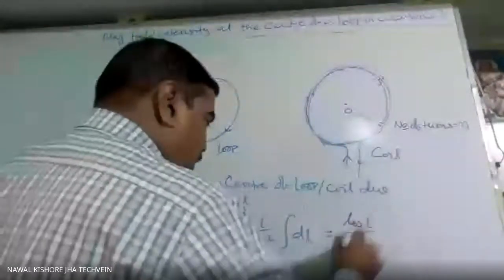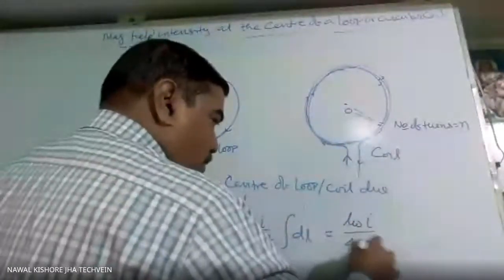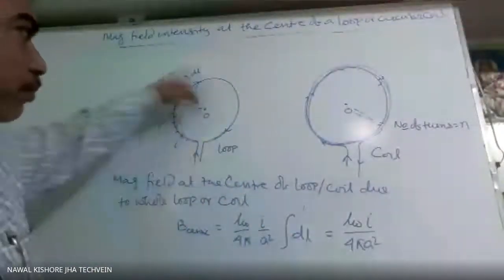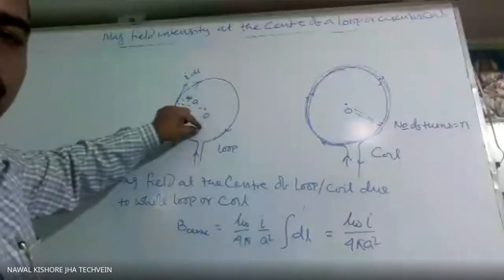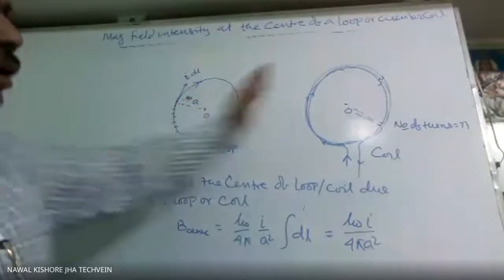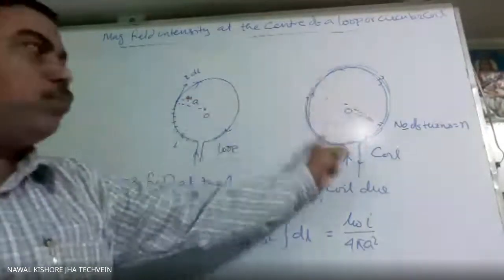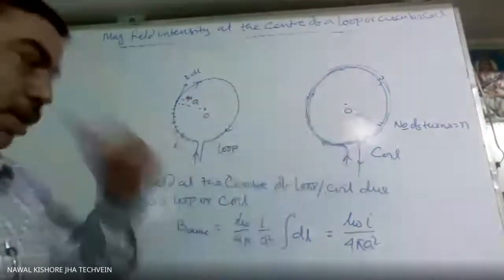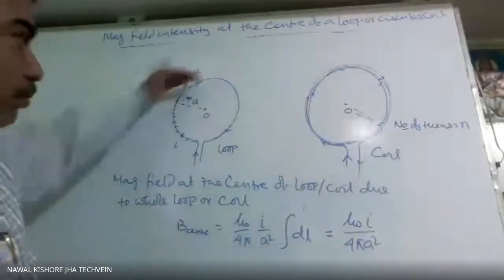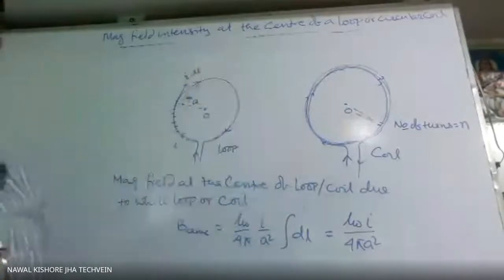Mu naught I over 4 pi A square, times the total length. If it is a loop, then simply 2 pi A, the complete loop. In case of a coil, it will be 2 pi A n. If suppose only half is there, then n will become half; if a quarter loop is there, n will become 1/4.